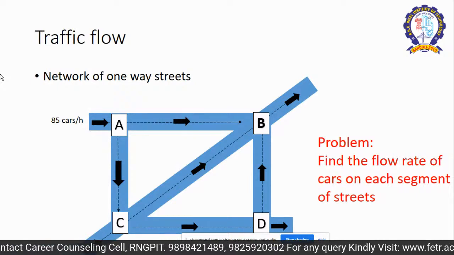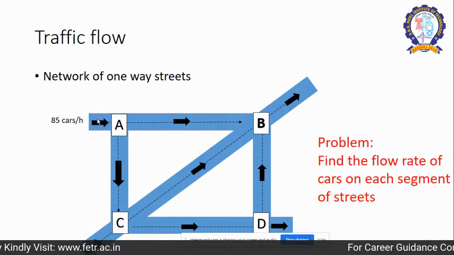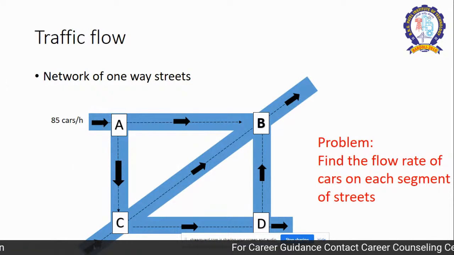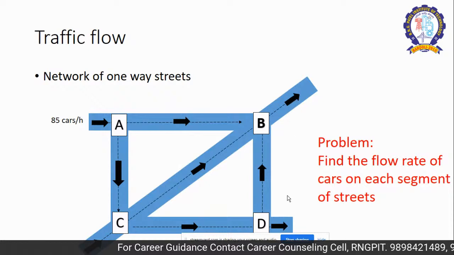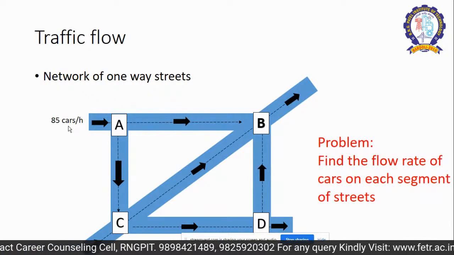So there are two entry points and two exit points. This one is an entry point, this is again an entry point, and these two are the exit points. The information at certain points is given.